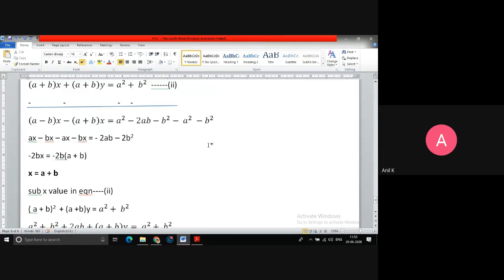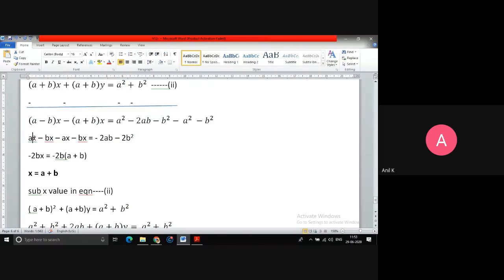On the right side, some terms are getting cancelled: a square and minus a square both will get cancelled. You have minus 2ab, so I kept minus 2ab, and one more term you have here is minus b square as well as minus b square, which is going to be minus 2b square.